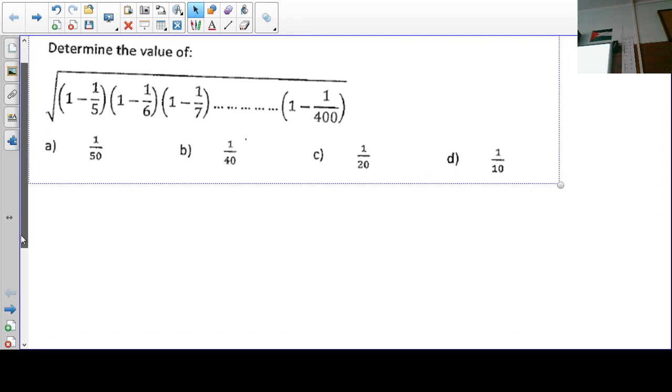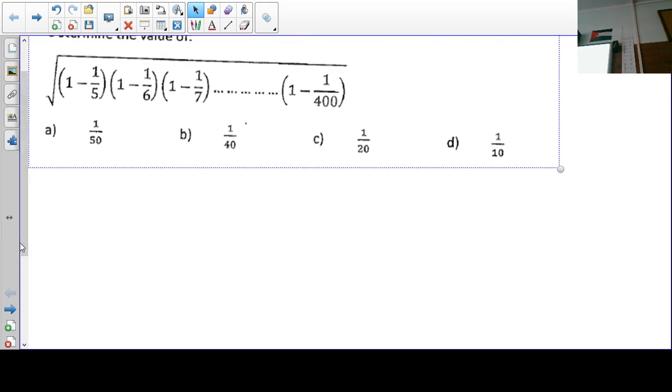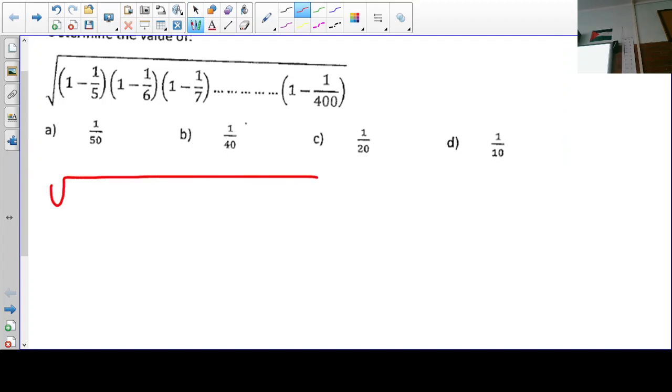Right. Let's look at this question quickly. From here we can see that the first bracket, you get an LCM of 5. So it's going to be 5 minus 1 is 4, so it's going to be 4 over 5. You all agree with that? The second bracket will be 6 minus 1, which is 5 over 6. 7 minus 1 is 6 over 7.